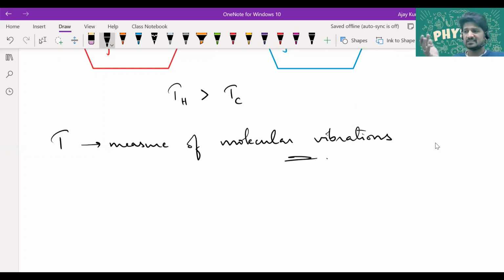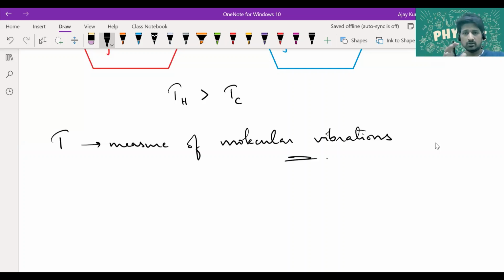In the case of gases, you can say it's a measure of the random movement of molecules altogether. Whereas in solids and liquids, molecules are not that free to move. They stay at one place, but they keep vibrating about that place. They are not at rest. In solids also, molecules are never at rest, except at 0 Kelvin, absolute zero of temperature.